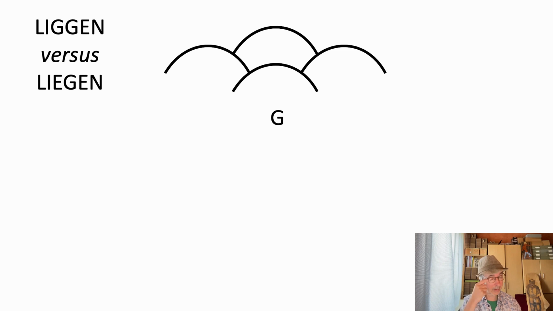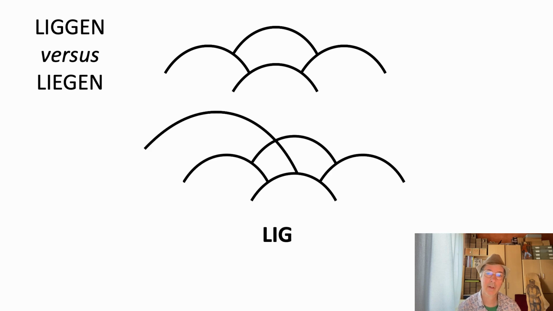Now I will take the Dutch words liggen versus liegen. So to lie something and the lie, or to lie. That's the same words. So the G is the upper region, let's say some clouds or something like that. So that's the G on top of things.